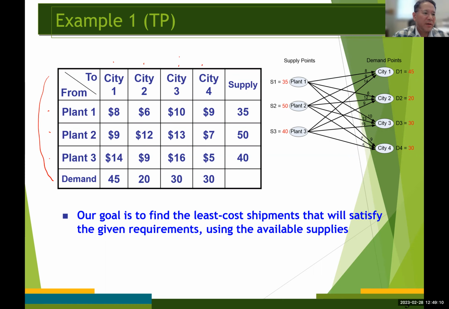It also includes the shipping cost from each plant to each city, and the customers' demand and the available supply amount for the power company. We'd like to find the least cost shipments that will satisfy the given requirements using the available supplies.